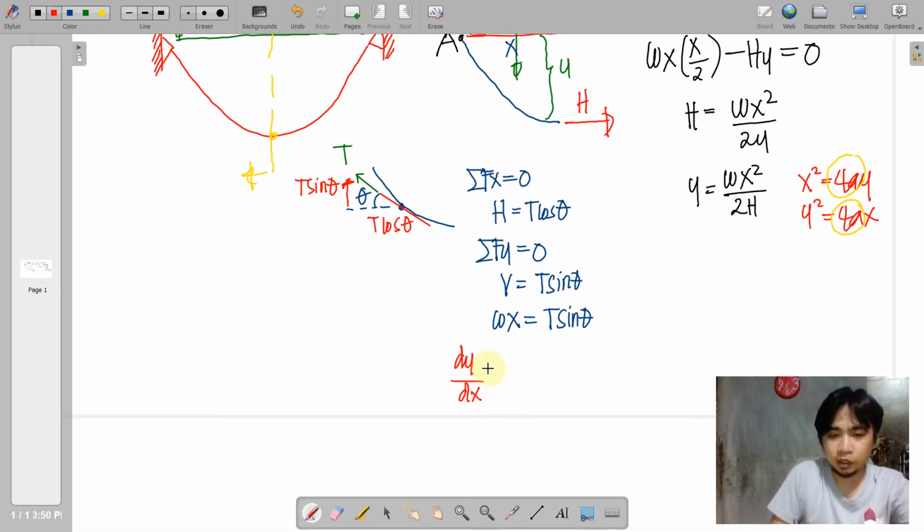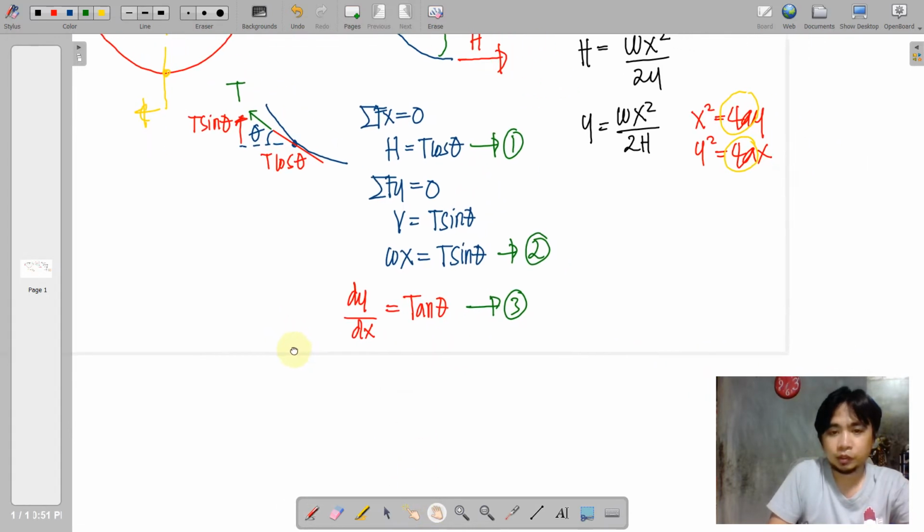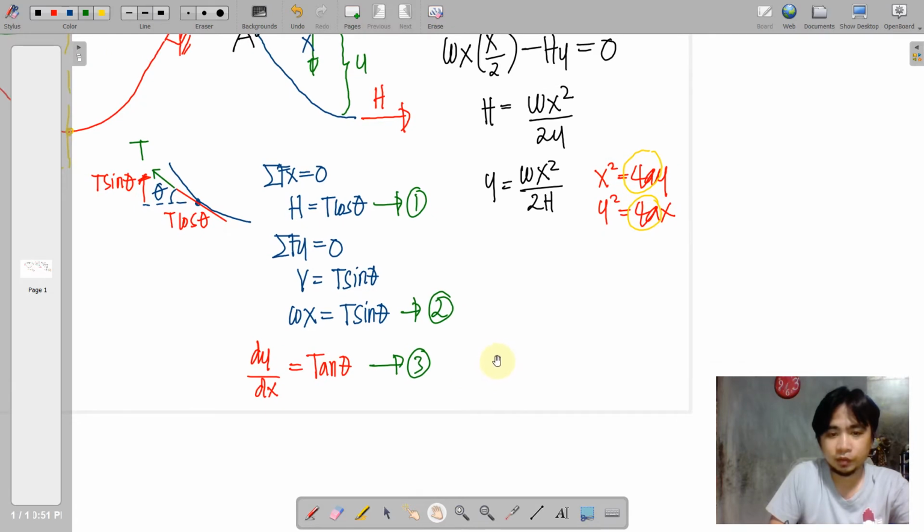And then we note that the slope is given by dy over dx, and it is given by the tangent of theta. By these three equations, we can now derive the equation of the boundary condition of the curve. We just derive the equation by dividing equation 2 by equation 1.